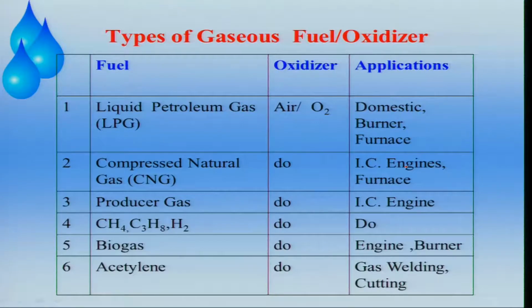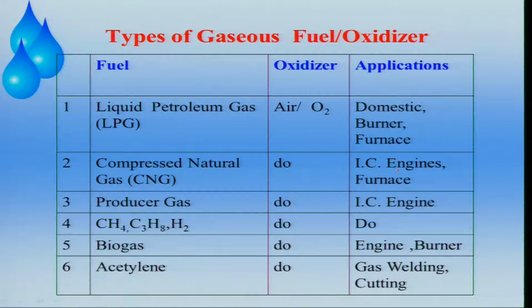It can be used in IC engines, like in Kanpur city. A few years back we were using kerosene and diesel, and it was creating a lot of soot. Nowadays we are using CNG, compressed natural gas, and as a result the soot or particulate level in the atmosphere has been reduced drastically.